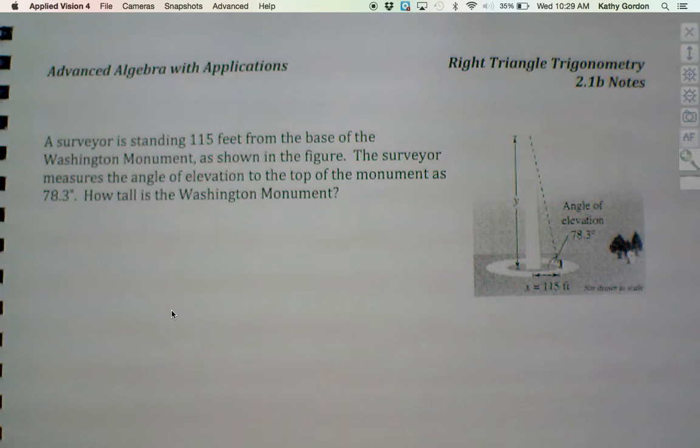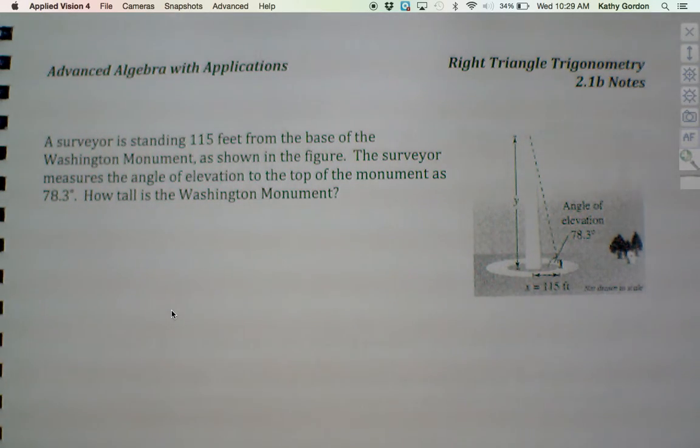And then again, my goal for today is to make sure we give you enough time that you can work on the 2.1b practice before you leave, and hopefully get done with those problems so that you don't have them hanging over your head over the interim and break. And then the only thing you're really responsible for over break is memorizing those special angle trig values.